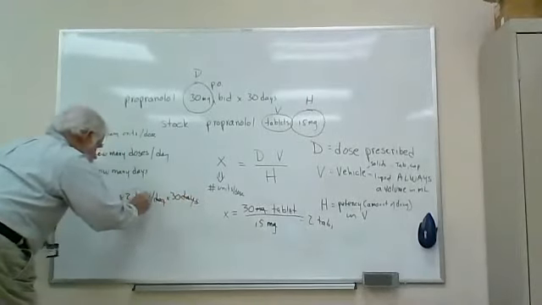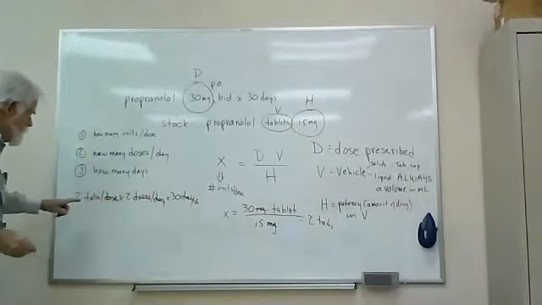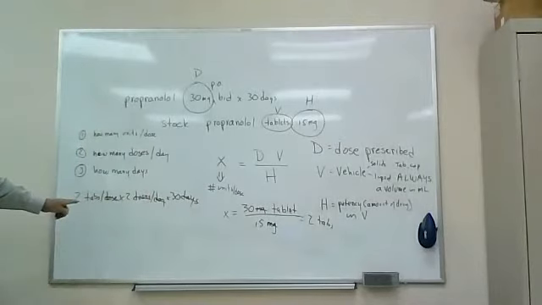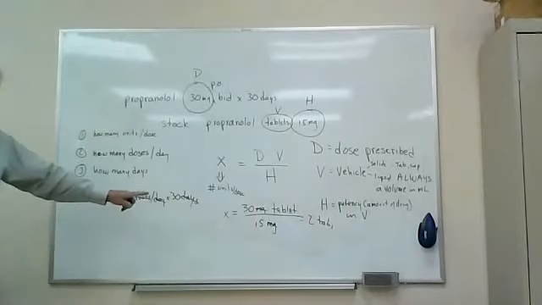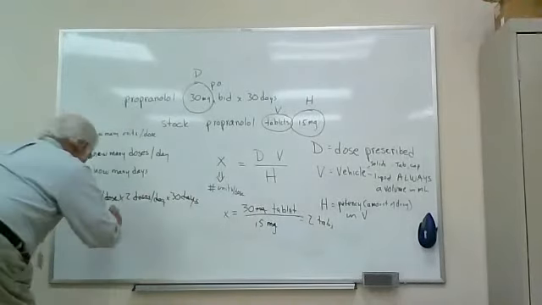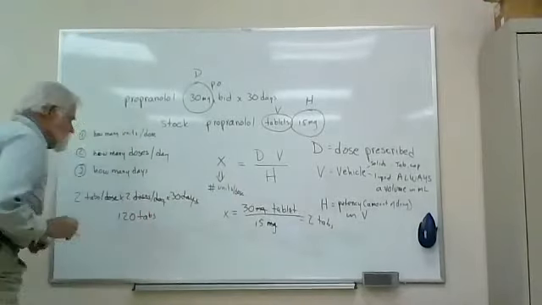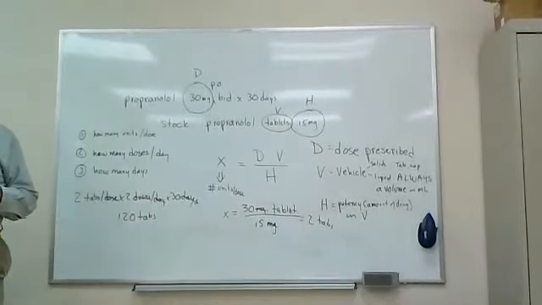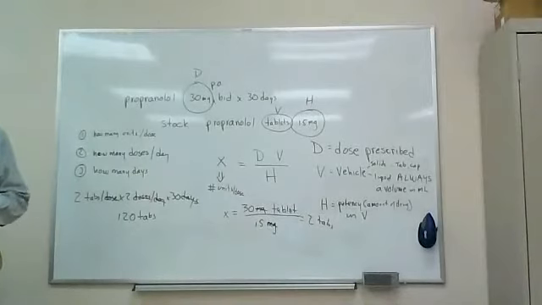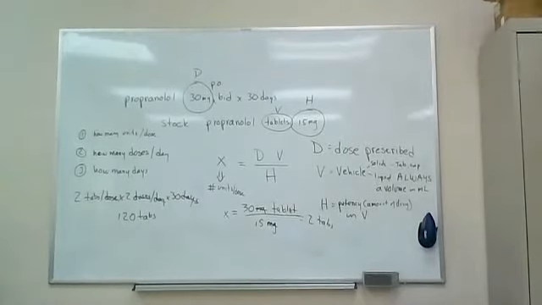Days cancel, doses cancel. The only thing left now is tablets. So 2 times 2 is 4, times 30 is 120 tablets to fill the prescription. Many of the questions you have will be exactly that. So we simply cross it out.